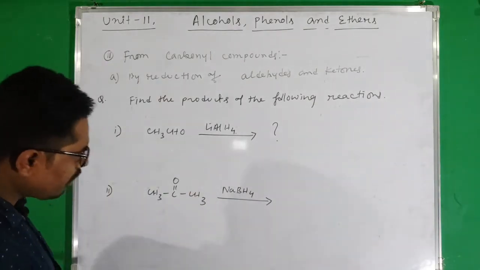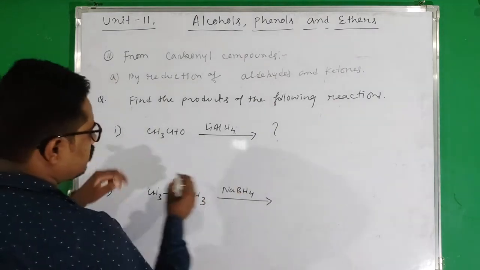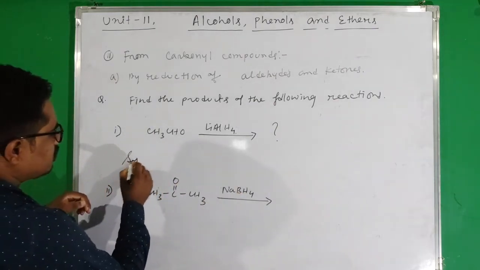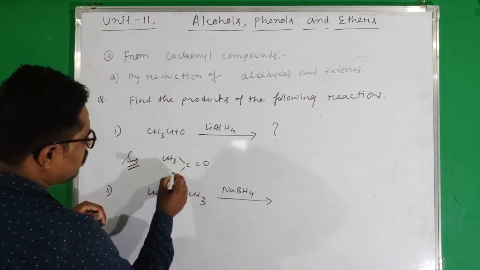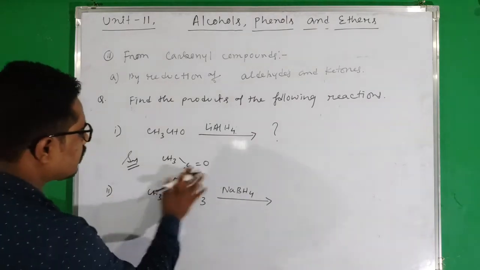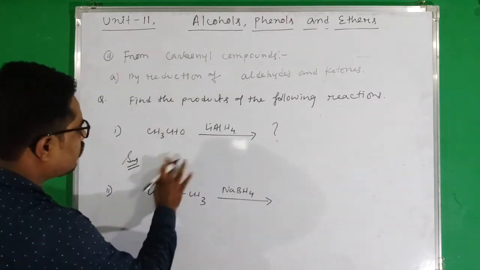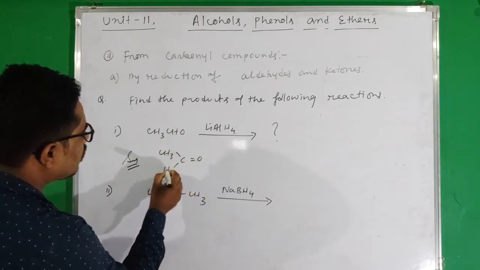Now we have to find the product, and we know in this case we have CH3C double bond OH, this aldehyde.